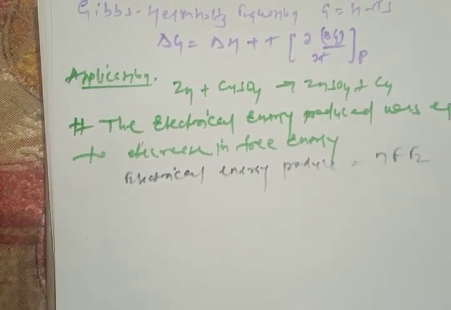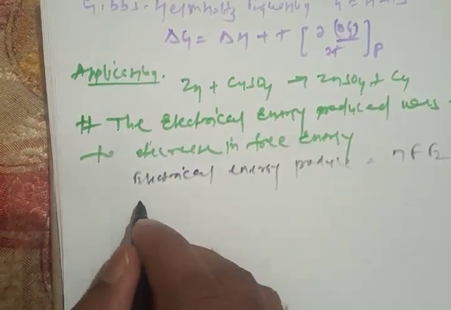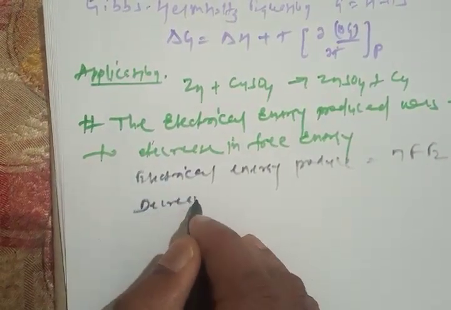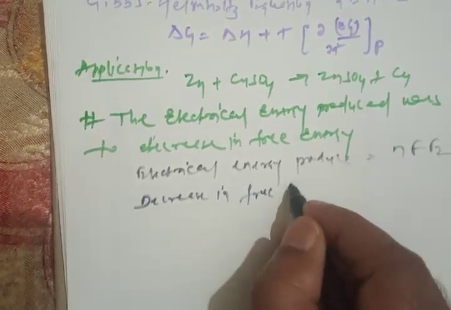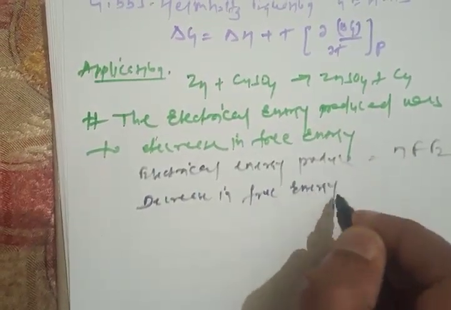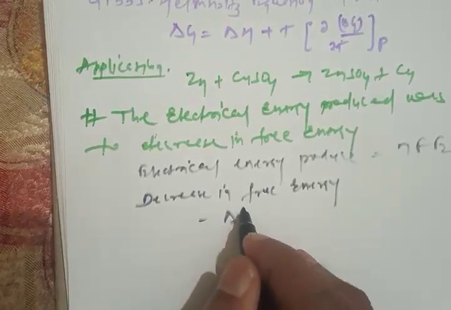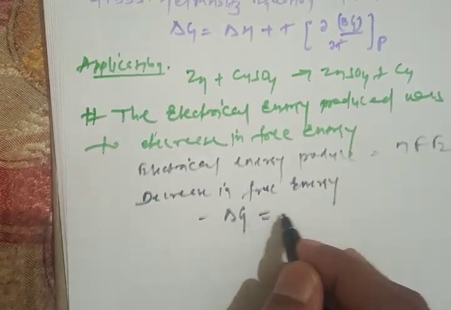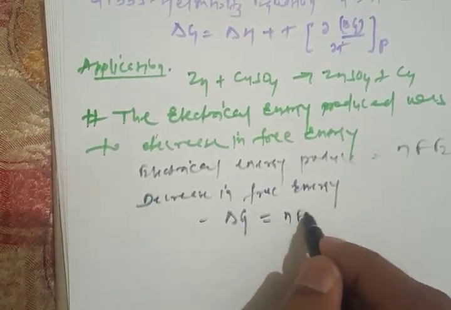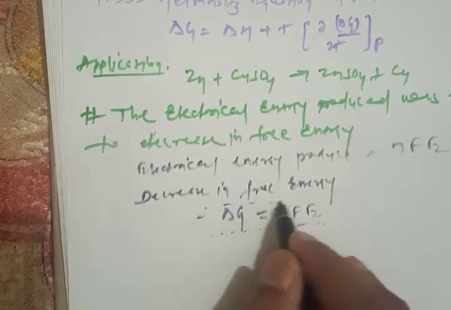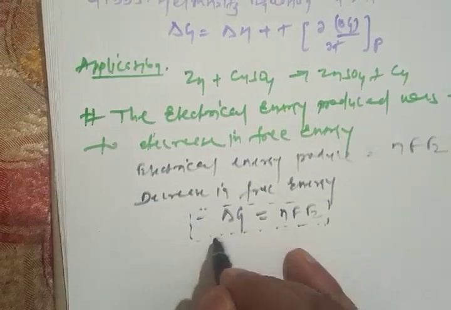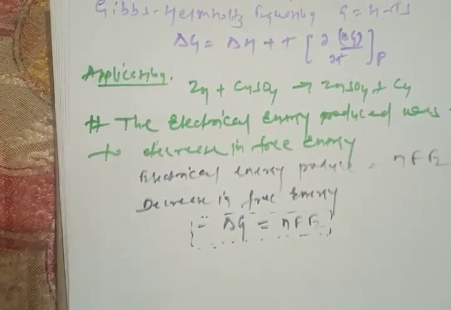So what is the decrease in free energy? Decrease in free energy means minus del G. Minus del G equals nFE. Okay, so this is an important one. Got it?